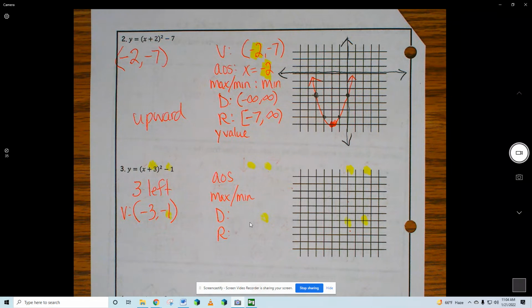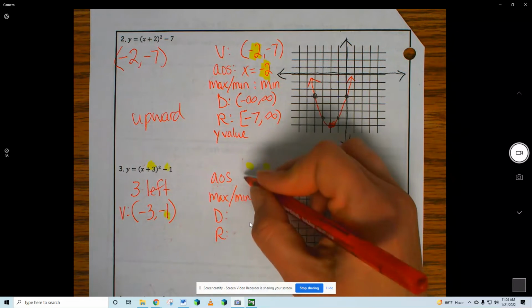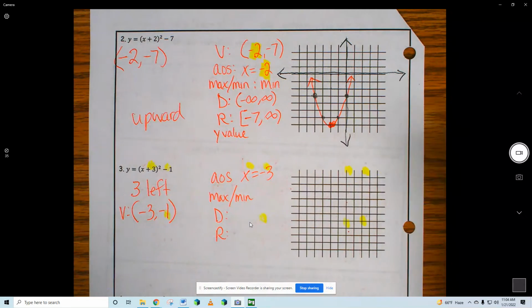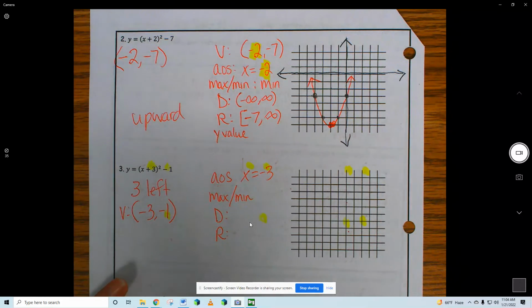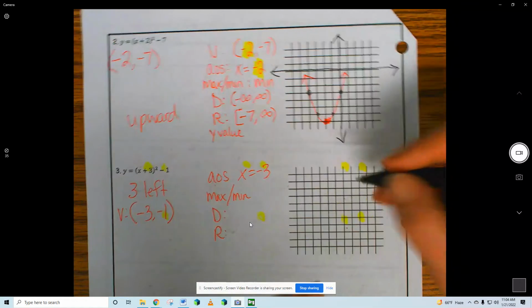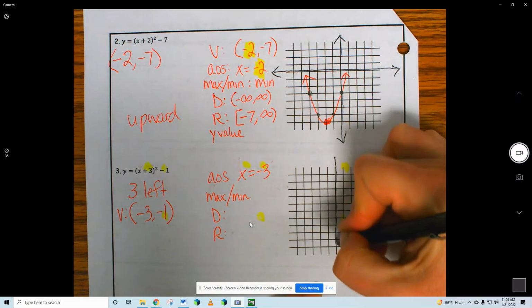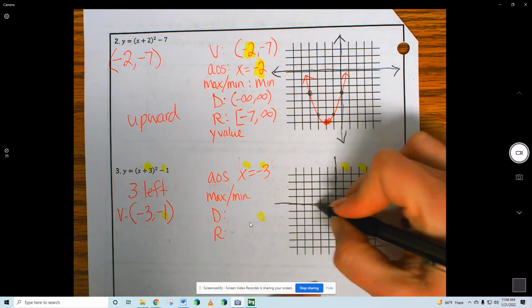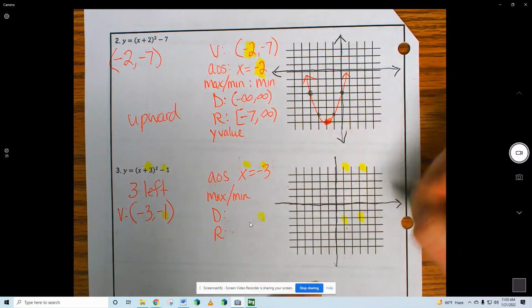My axis of symmetry is the same as my first number of my vertex. X equals -3. I don't know if it has a maximum yet. I should probably graph it. (-3, -1) is just normal. I don't need to make my axis higher or lower. It's just no big numbers or anything.